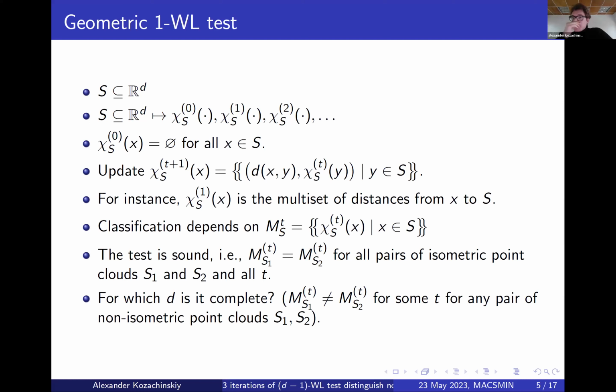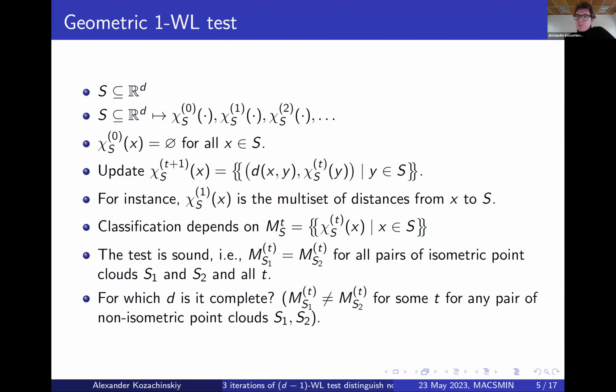What's different is the update. The idea is that now we have a complete graph, but it is labeled with distances. So in the update operation, we have some point x, and let's go over all points y in our point cloud.